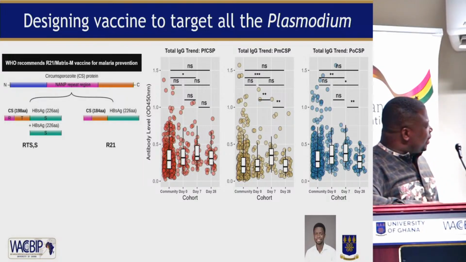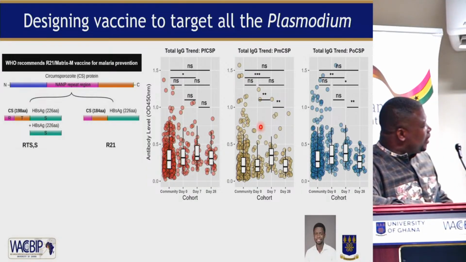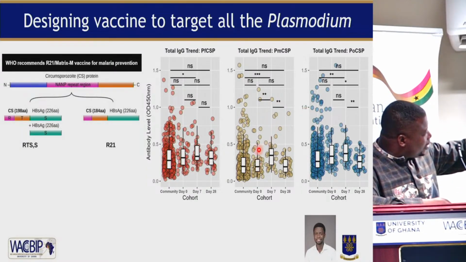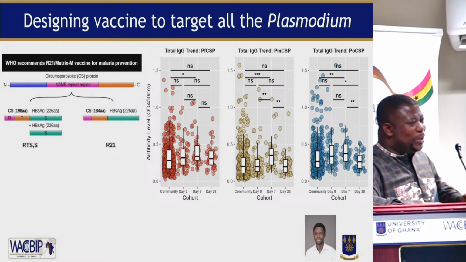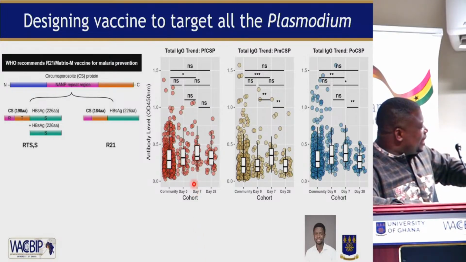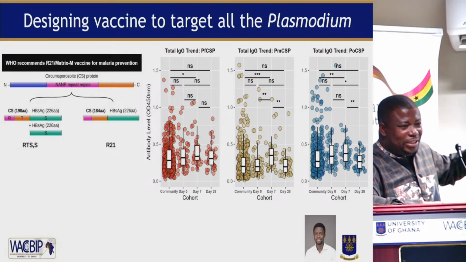So if you look at it, if you take people from just the community, you see some level of antibodies to all these antigens, clearly. Then if you go to the hospital and find people who are sick, you could see that there are different varying levels of responses to this.